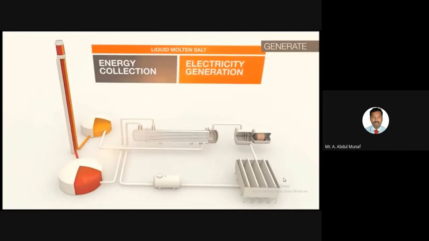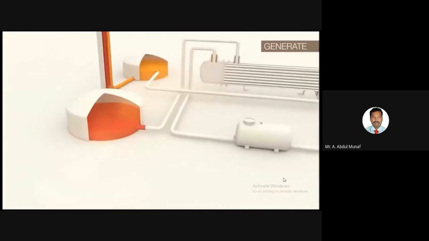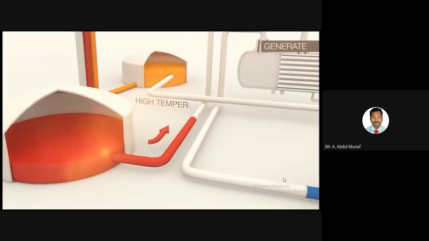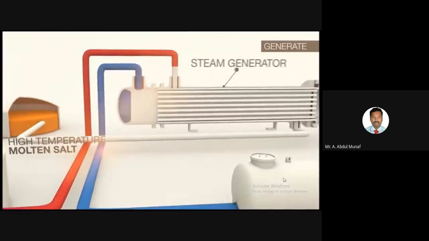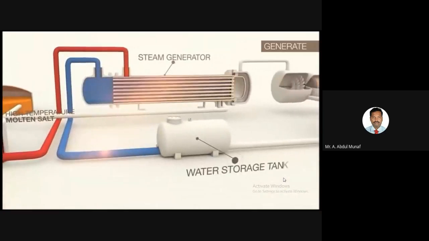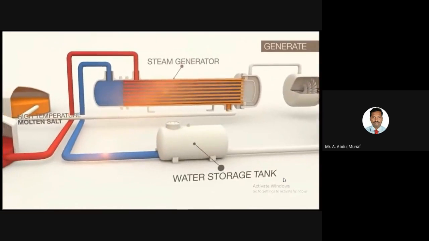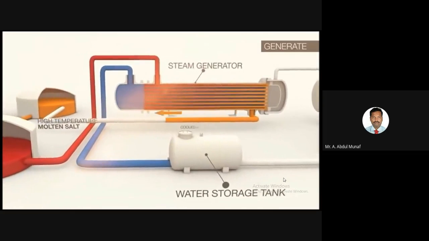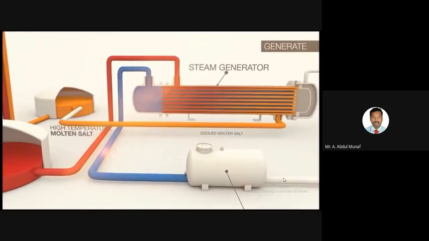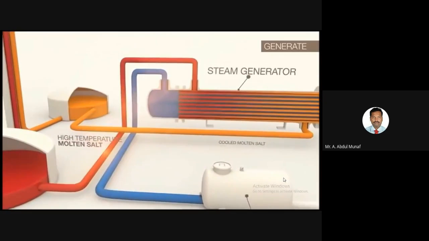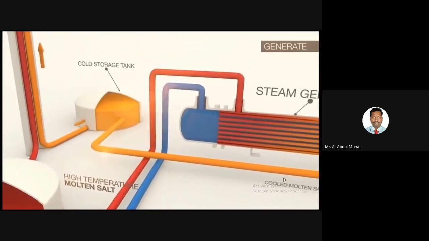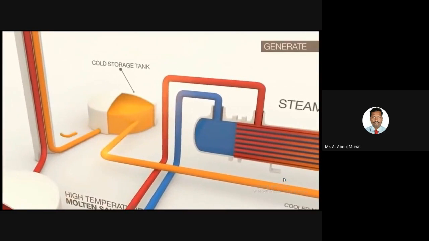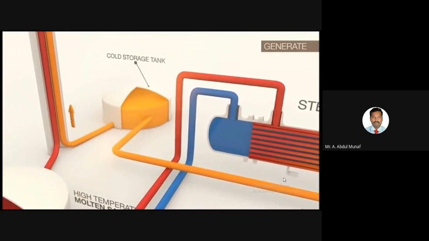When electricity is required by the utility day or night, the high temperature molten salt flows into the steam generator as water is piped in from the water storage tank to generate the steam. Once the hot salt is used to create steam, the cool molten salt is then piped back into the cold salt storage tank where it will then flow back up the receiver to be reheated as the process continues.